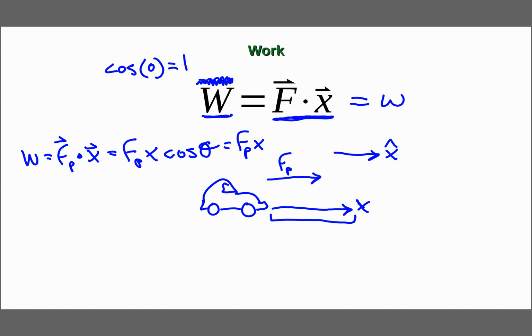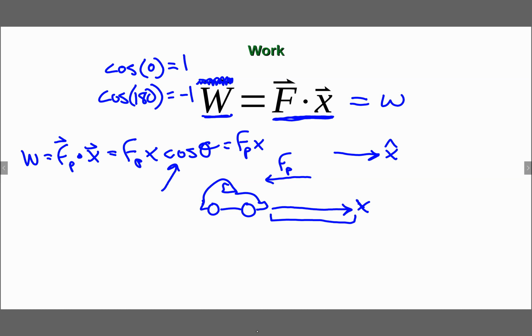But now if I make FP point in the other direction, then this cos theta is cos 180 instead of cos 0, and that's minus 1.